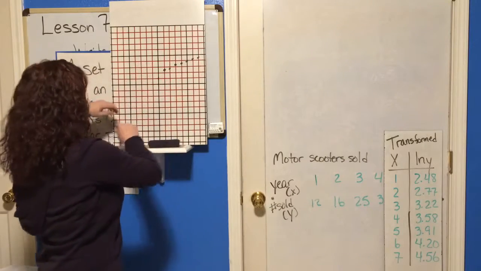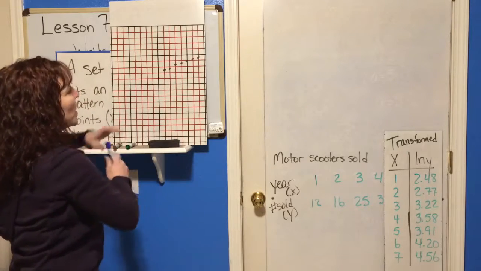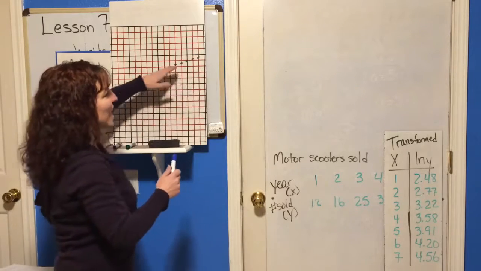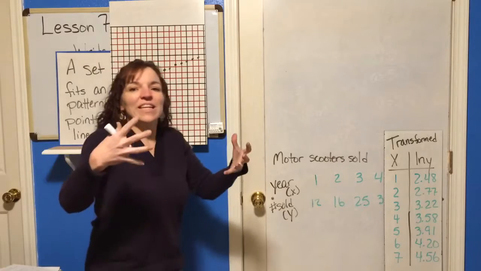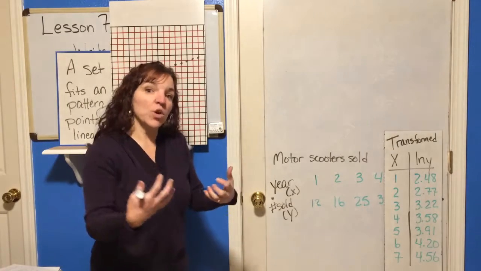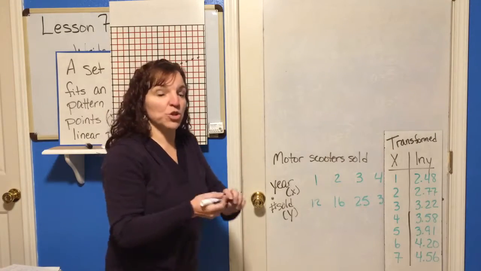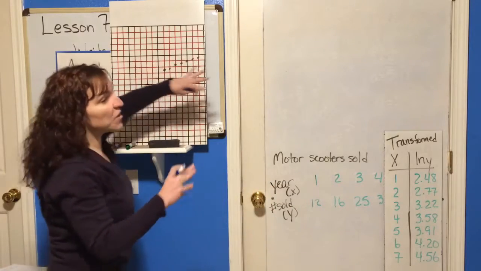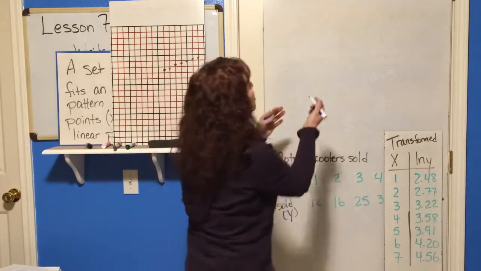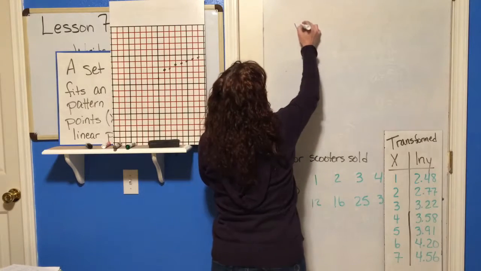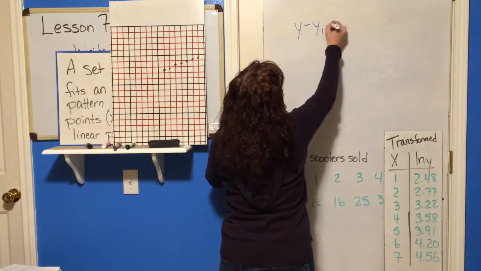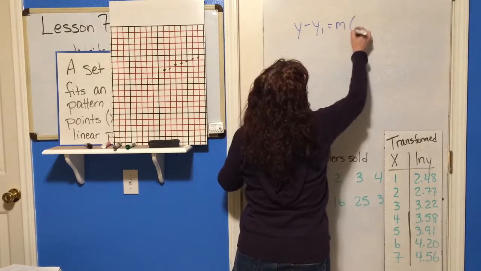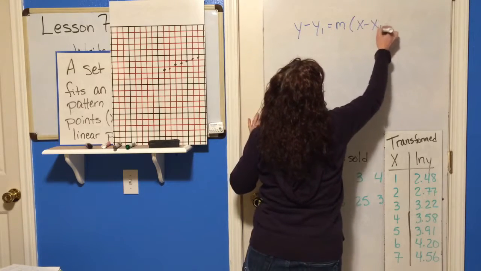So now I'm going to take that information and get an equation out of it, an exponential equation. If you remember, the equation for a line was y minus y1 equals the slope times x minus x1.